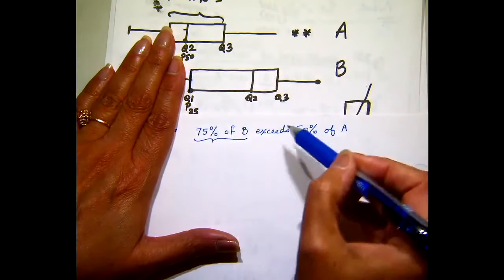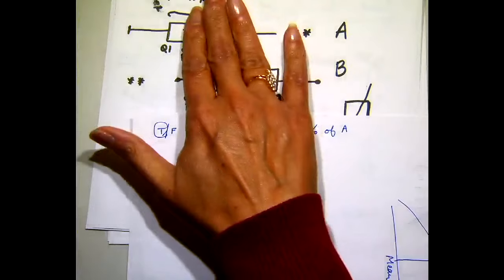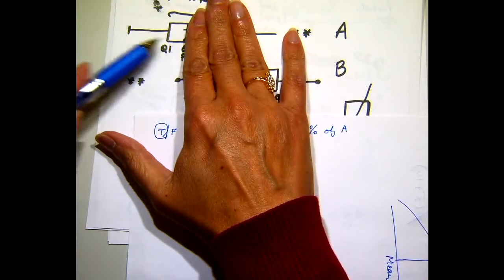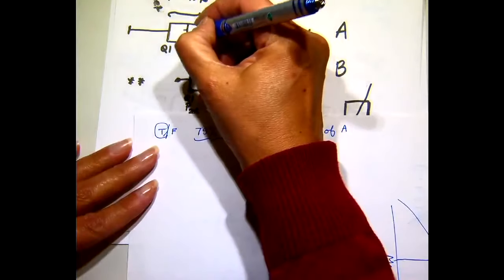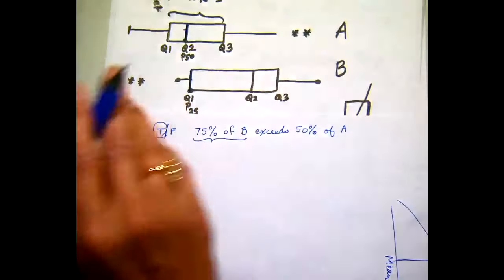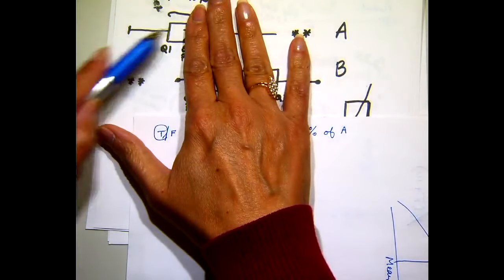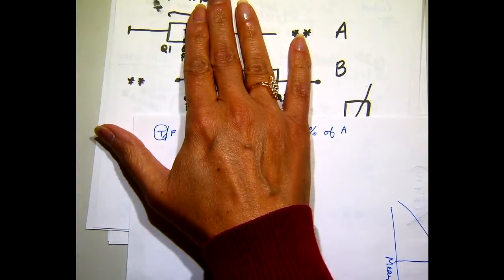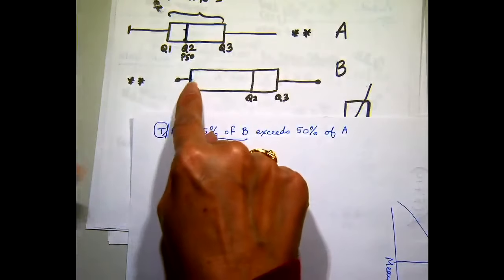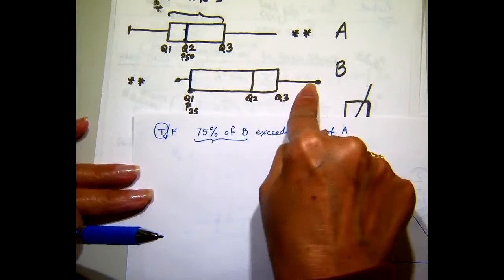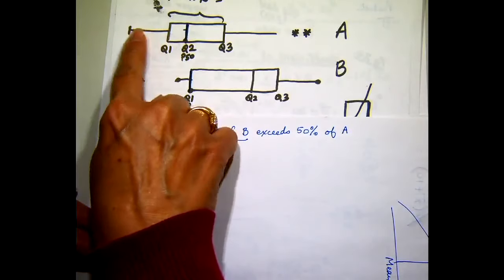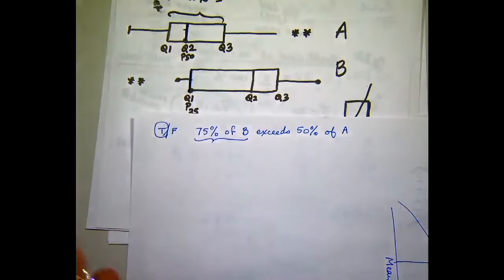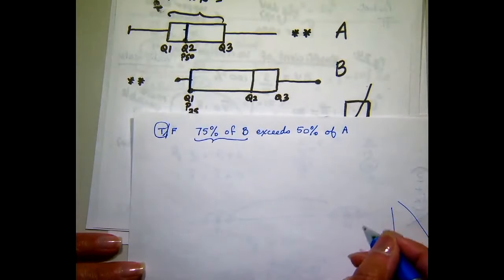And that exceeds the lower 50% of A's distribution, because this is Q2 that represents where 50% of the data lies to the left of Q2. So this 75% of B does exceed this 50% of A. So it's true. Follow me?